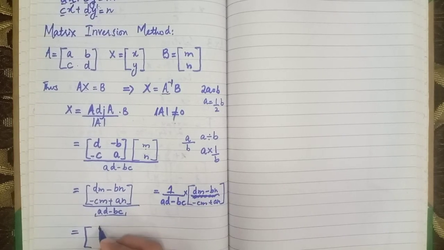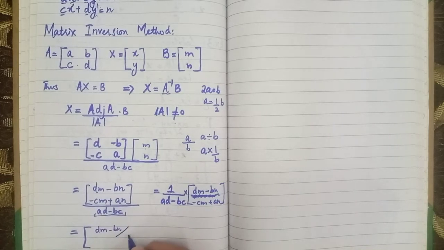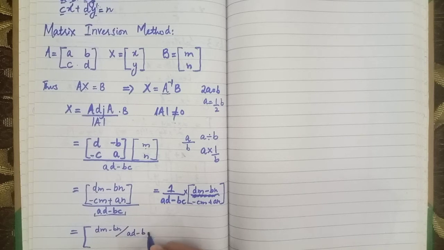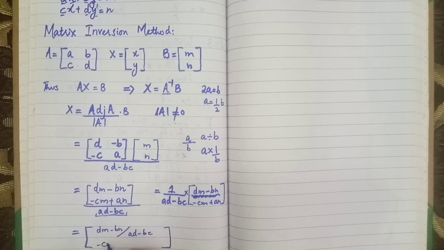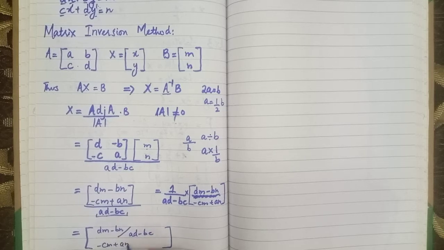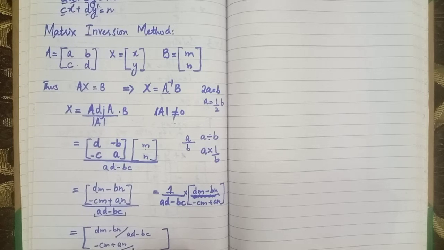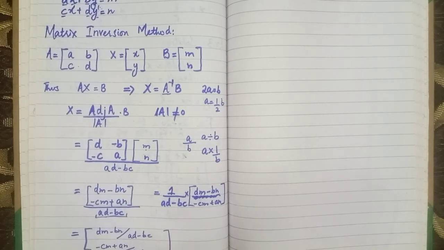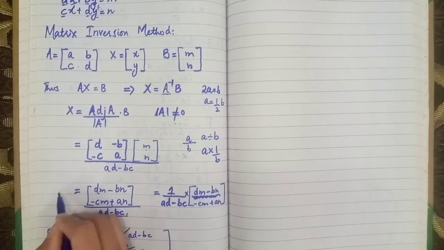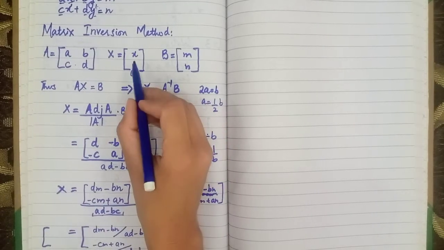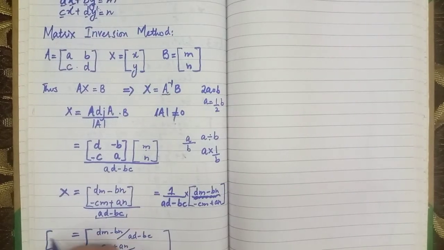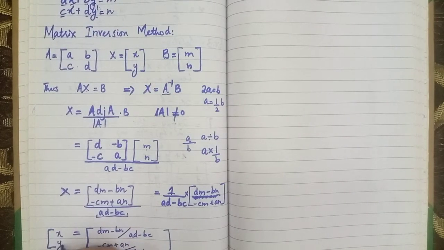dm minus bn, the whole is going to be divided by ad minus bc. Similarly, minus cm plus an, the whole divided by ad minus bc. Here is X. X means the matrix with the entries small x and y.